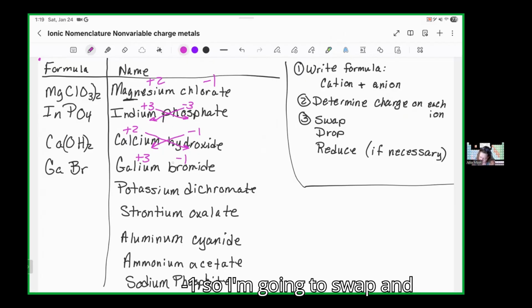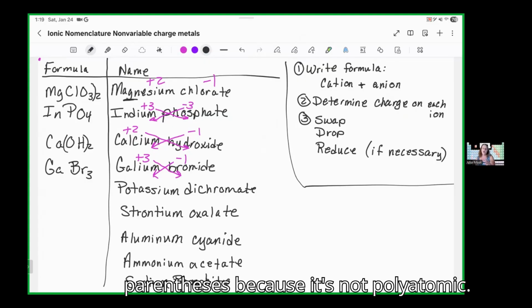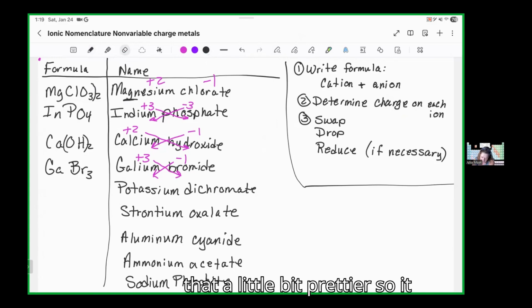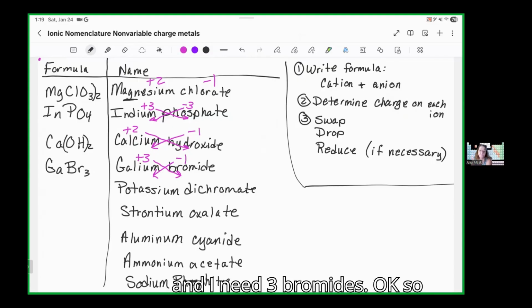So I'm going to swap and drop. I get 1 gallium and 3 bromides. Okay, so I put a 3 on my bromide there. I don't need parentheses because it's not polyatomic, it's monoatomic. Okay, I'm going to make that a little bit prettier so it looks good. So I've got a gallium and I need 3 bromides.